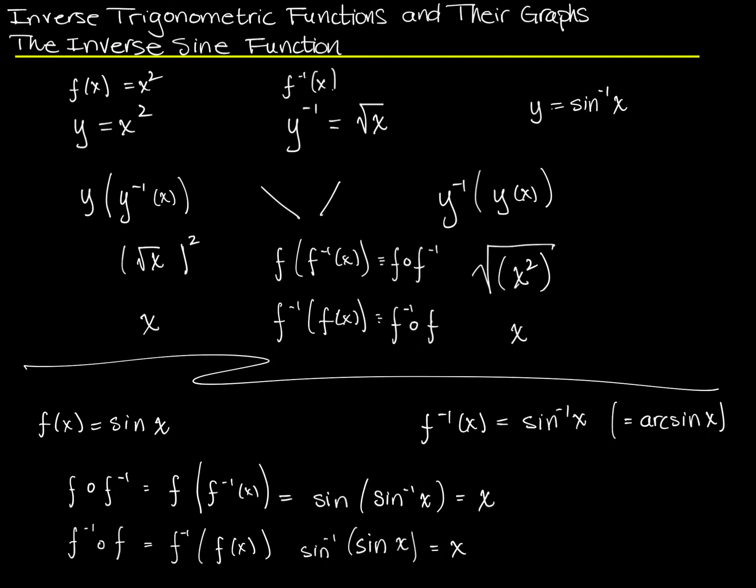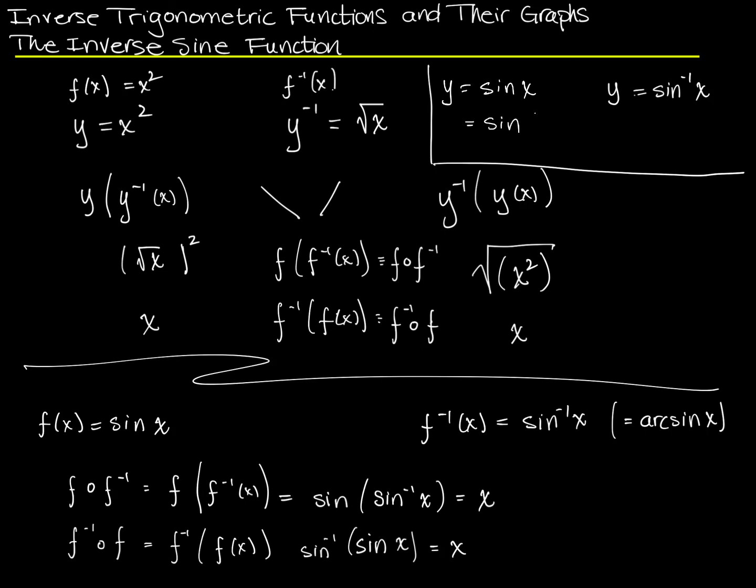So my previous example was, let me move this around a little bit. If I have y equals the sine of x, and I said that the sine of pi over 4 was root 2 over 2. This is my x value in this case, and this is my y value.